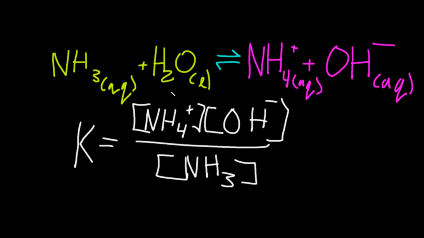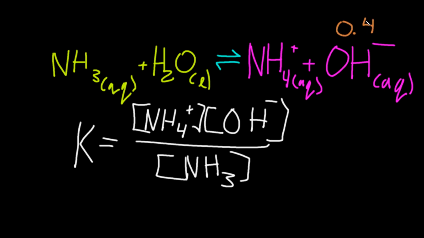You'll notice that H2O, or water, isn't included, and the reason why is because it is in the liquid phase. As you have learned previously, only aqueous and gaseous reactants and products will be included in your K value expression.